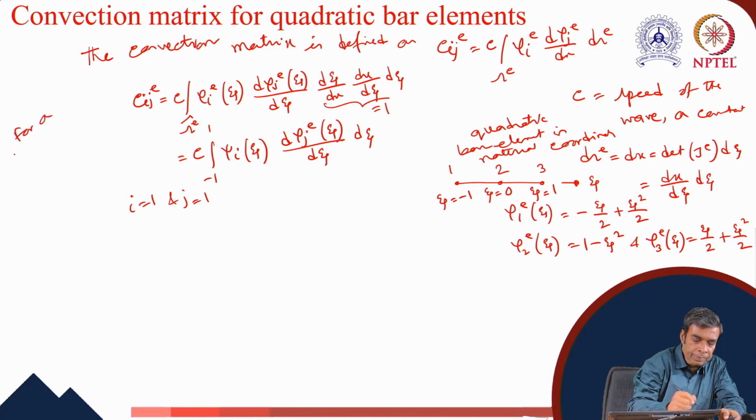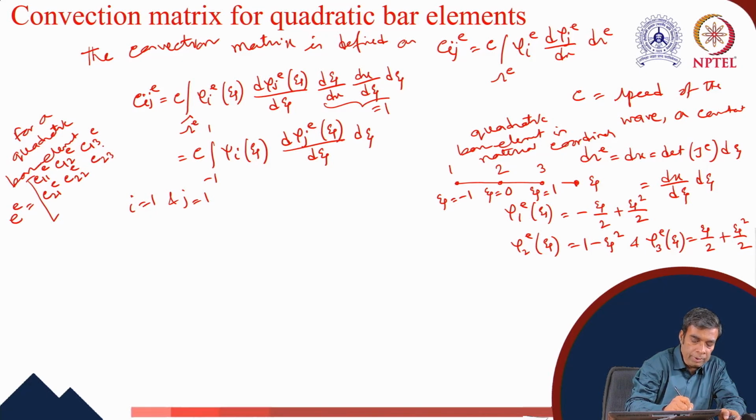For a quadratic bar element, C^e equals C11e, C12e, C13e, C21e, C22e, C23e, C31e, C32e, and finally C33e. So this is a 3 by 3 matrix.